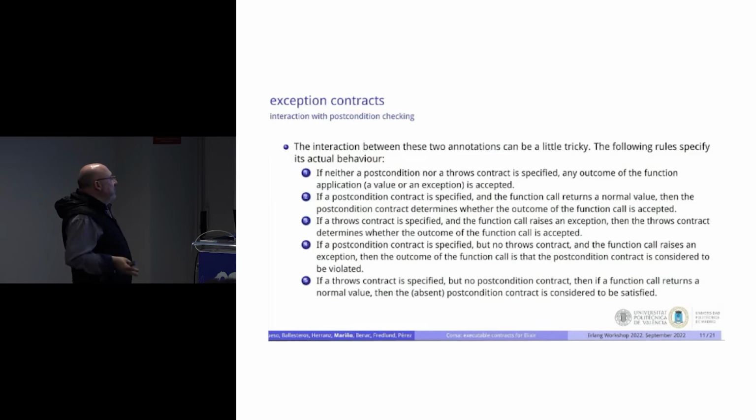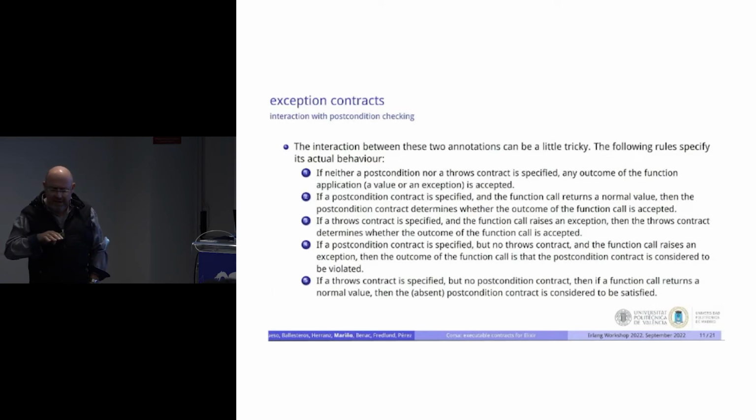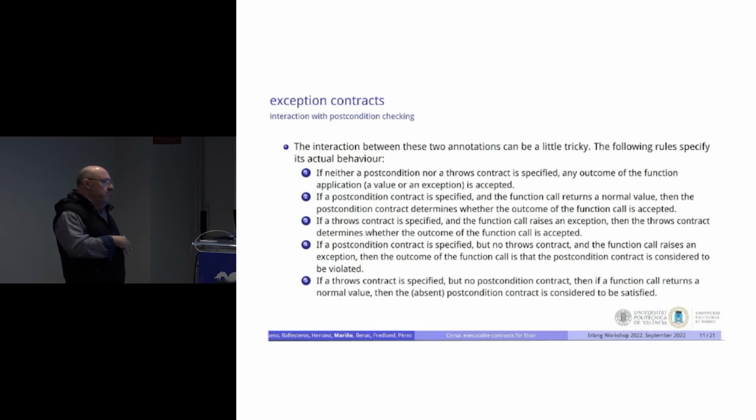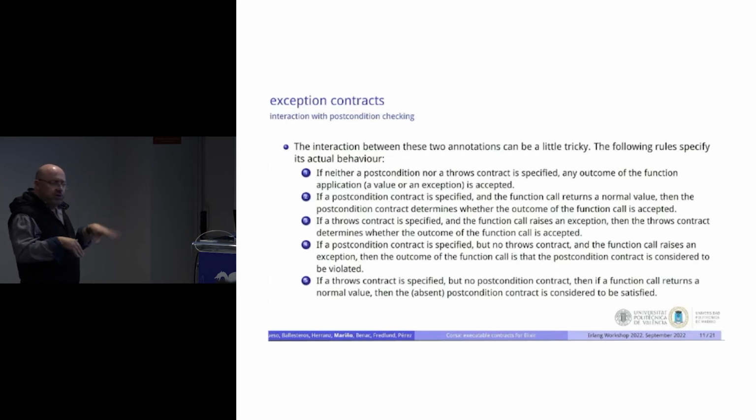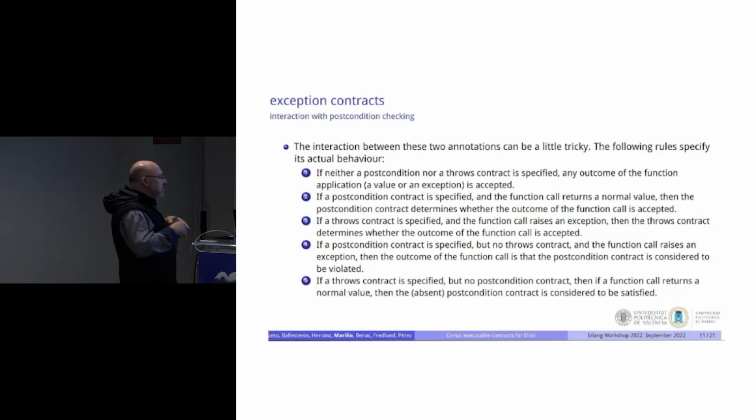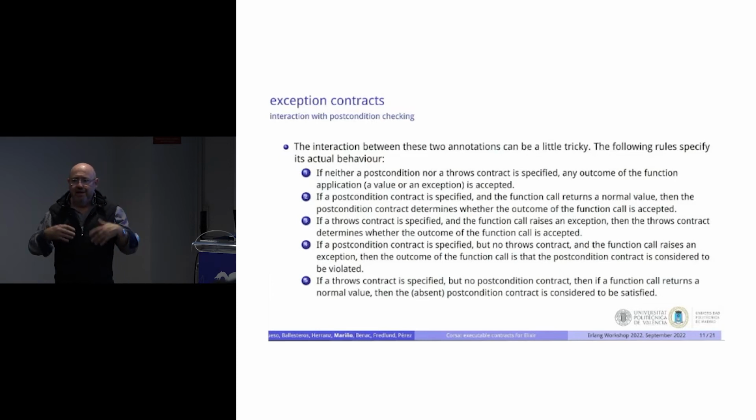So the basic idea for this library is that it is not ambitious. It doesn't intend to be sophisticated, but we want it to have all the possible interactions covered. So if we have three mechanisms, let's say pre, post, and throws, we want to have full, clear documentation for how these three things should interact in order for the user to know what he or she has to expect from the library.